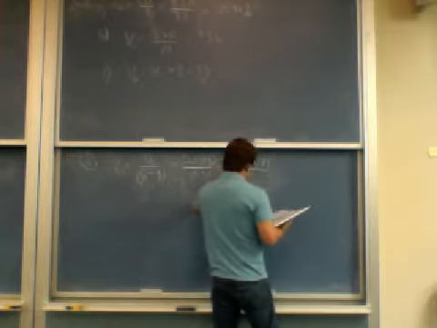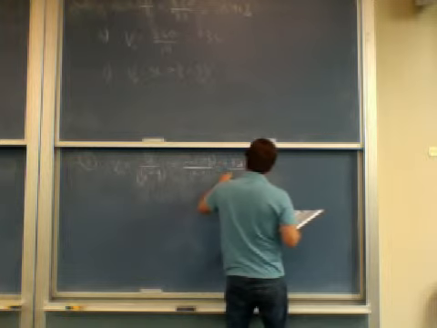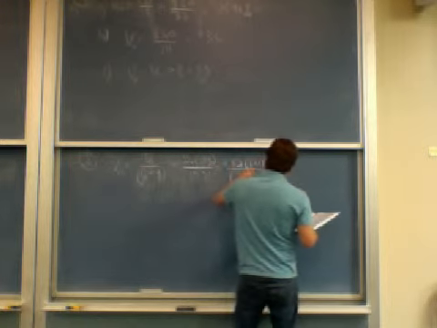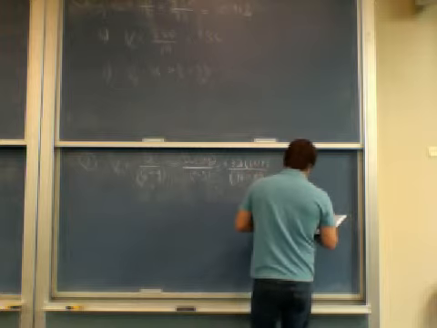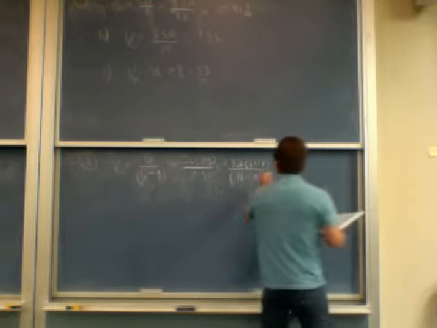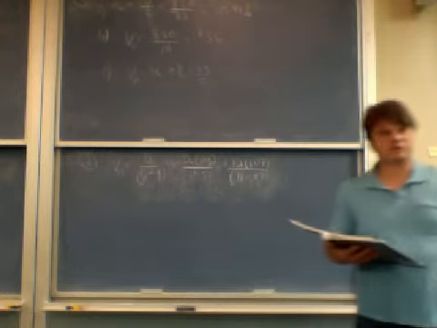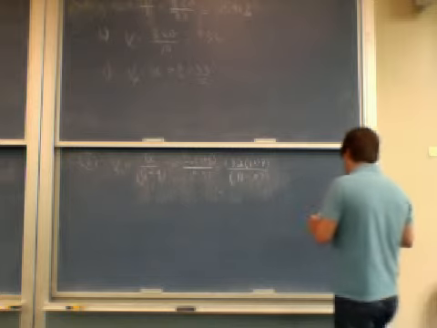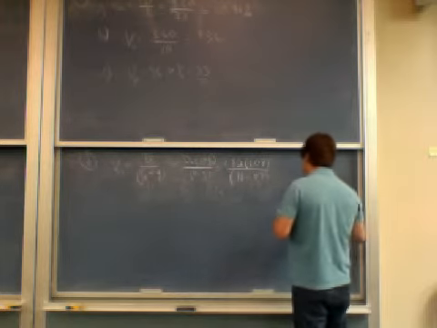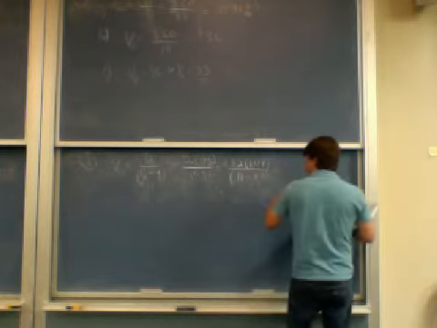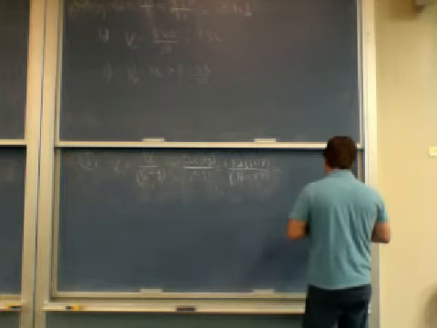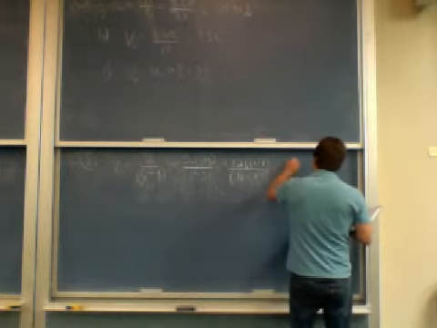Divided by the required rate, which is given as 11%, minus 0.07. 11 minus 7 is 4. So whatever that turns out to be, $35.31.